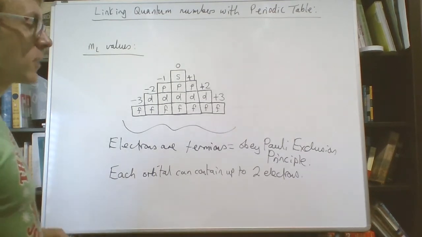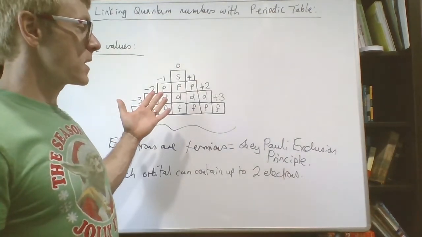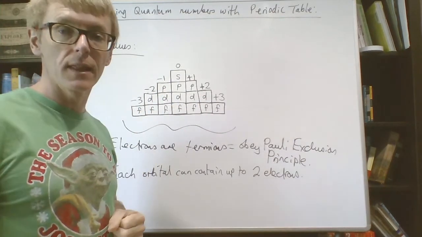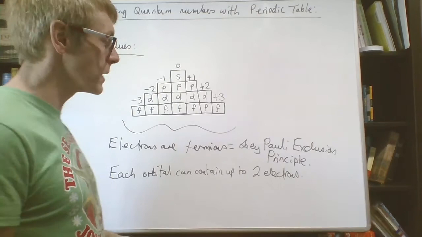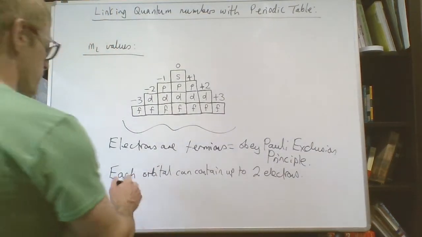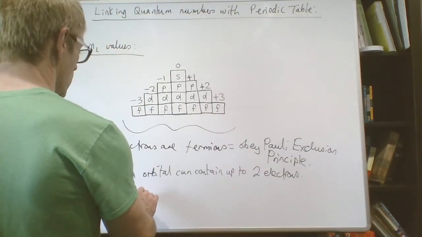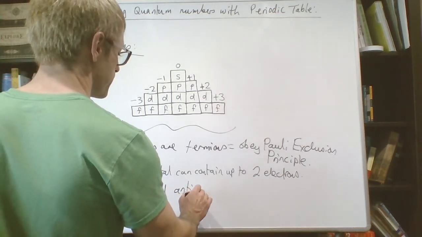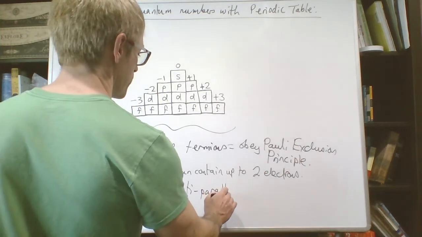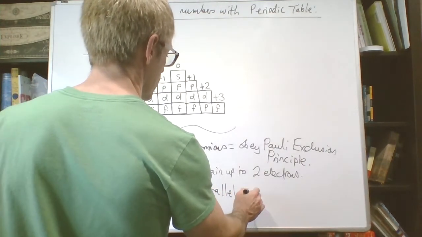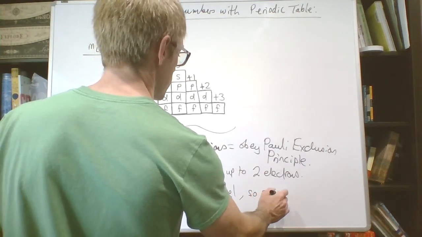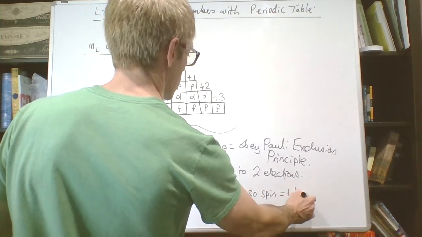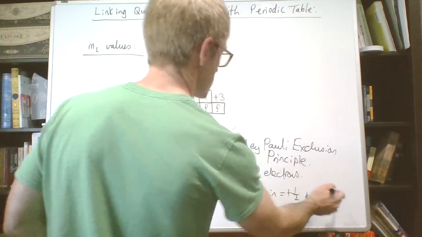But when they are containing 2 electrons, they have to have some difference in their labeling, so they actually just differ by their spin. So they're arranged in an anti-parallel fashion. So spin is plus a half and negative a half, respectively.